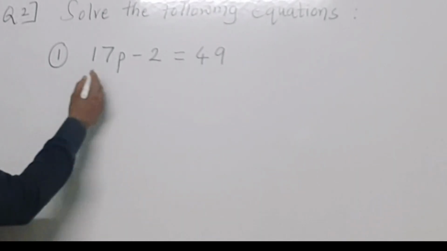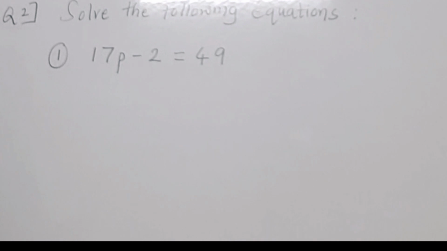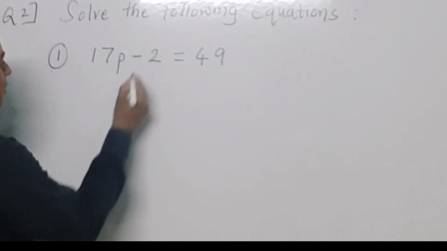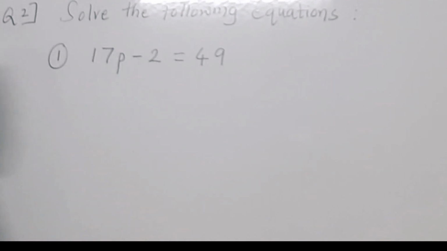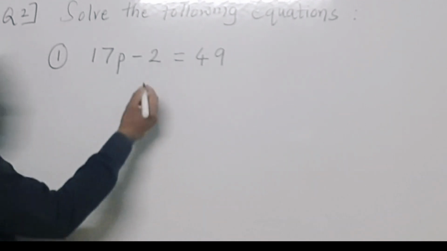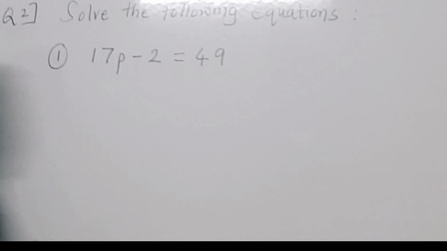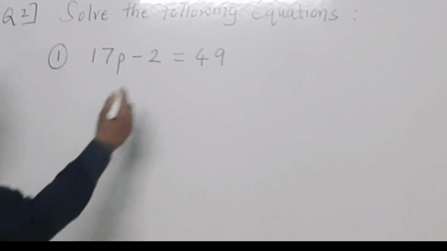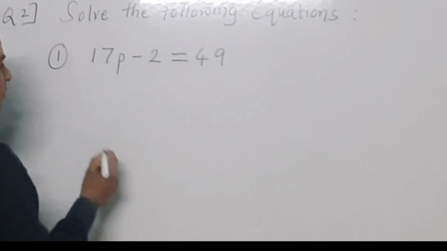First example, 17p minus 2 equals 49. Here the numbers we should take on the right hand side of the equality and the variable should be kept on the left hand side of the equal to sign.